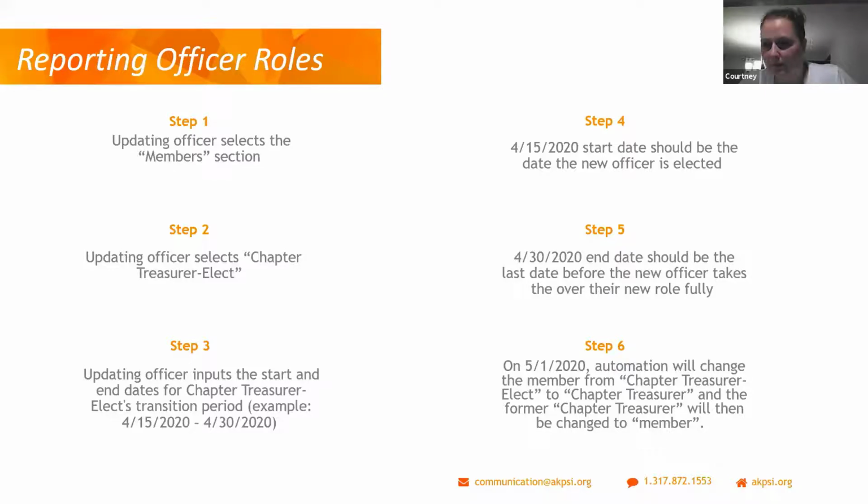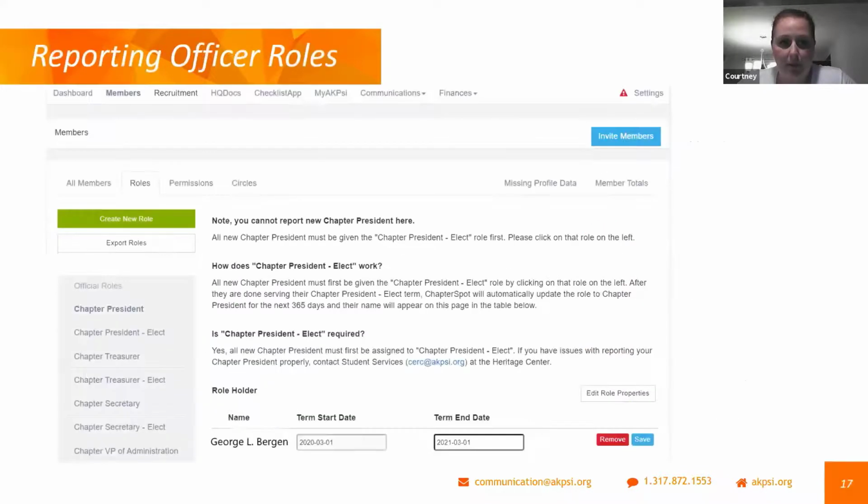The new date is when the officer is elected. Obviously, the end date is when they become and take over that role officially. It will automatically change, so you won't have to do anything after you put them into that elect role. And then to go to the next slide, Heather, for me.